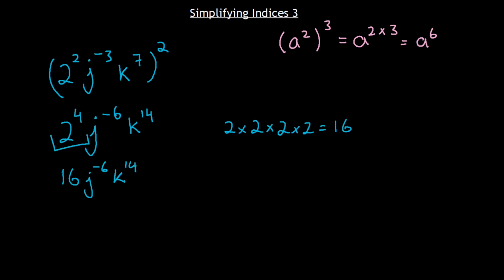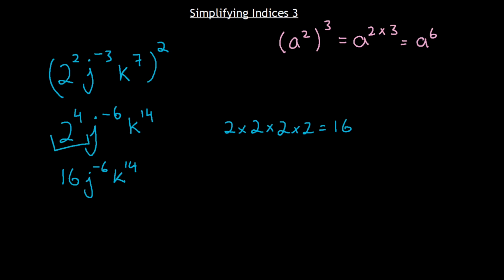Now going back to where I said we should work out the answer to the number at the start. I know you're going to tell me, well, we are simplifying, so why should we work out the answer to it?